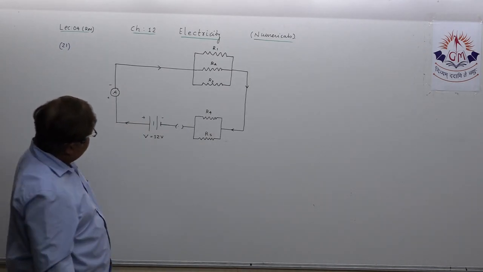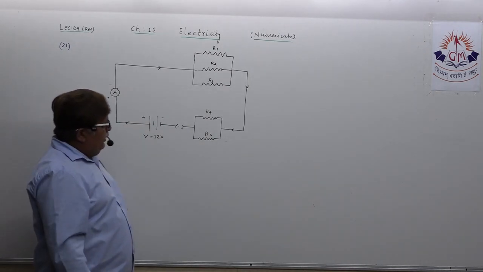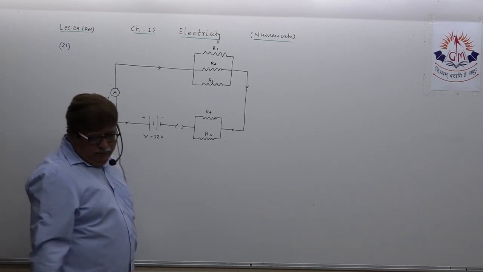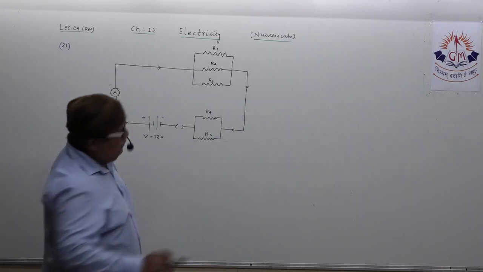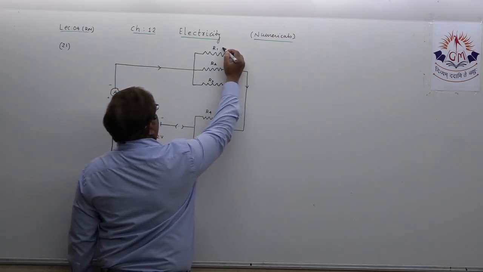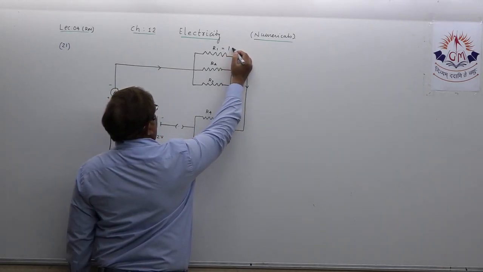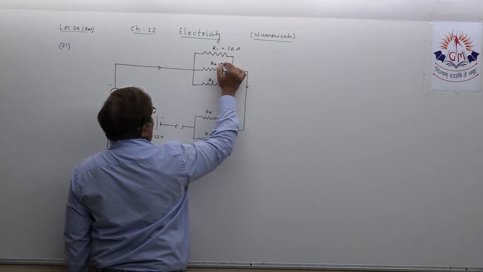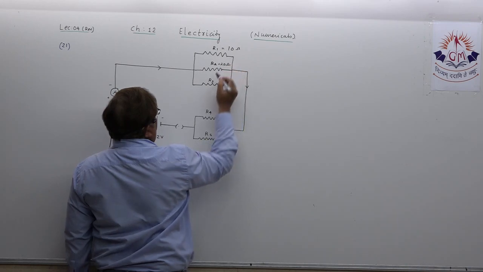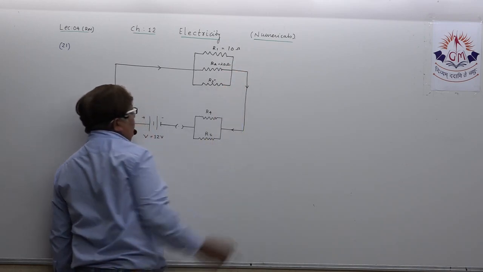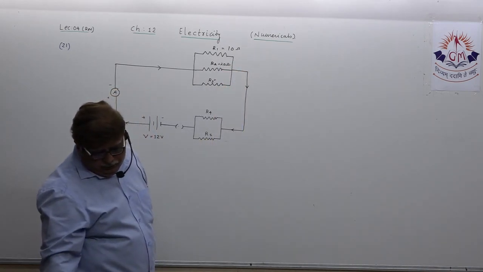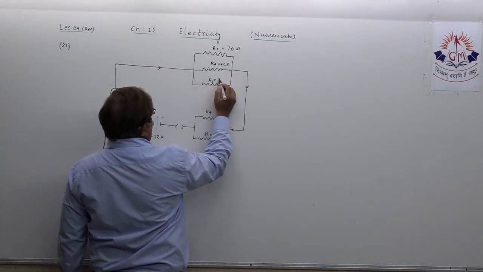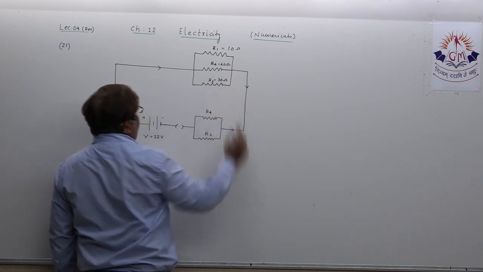Okay, schematic diagram of all resistors. R1 is 10 ohm, R2 that is 40 ohm, R3 that is 30 ohm, understood?